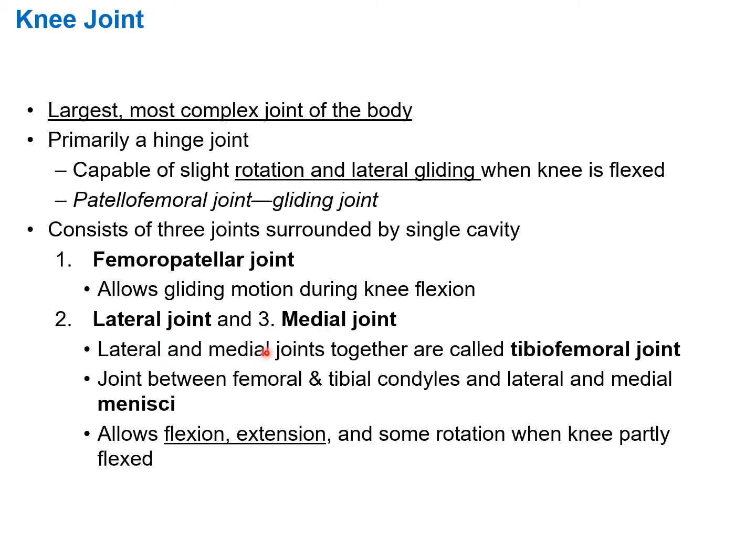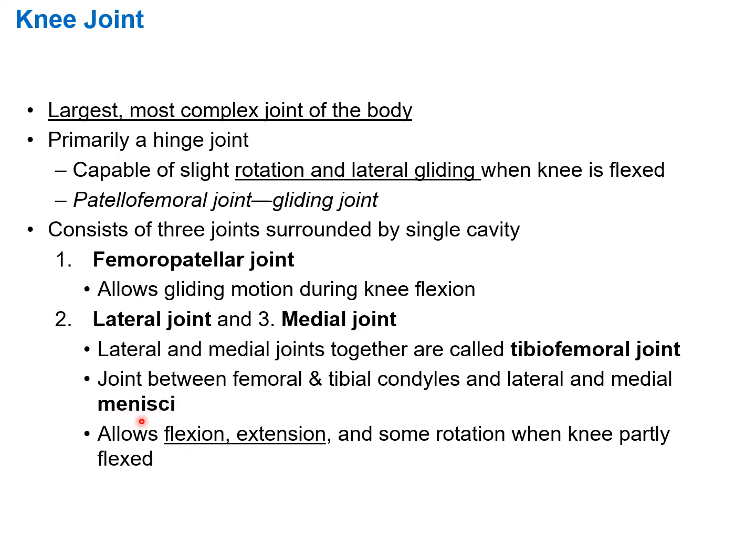Now the lateral and medial joints together are called the tibiofemoral joint. Your tibia connects to the femur, but the fibula does not directly attach to the femur. It's just the tibia and the femur. And so the lateral joint and medial joint together can be referred to as the tibiofemoral joint.